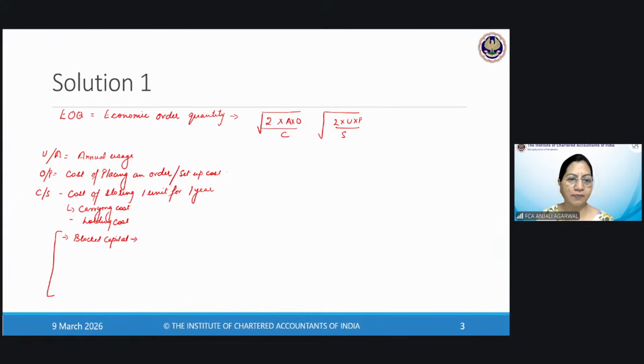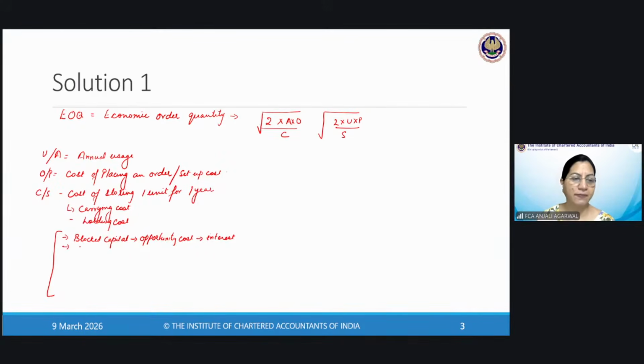So this blocked capital entails an opportunity cost in the form of interest. So when you store raw material, you block your capital, and therefore there is an opportunity cost, that you lose interest on that capital or the return which you could have earned.